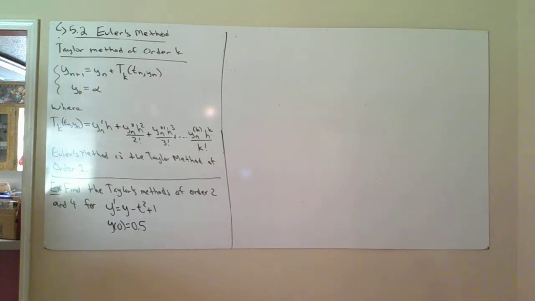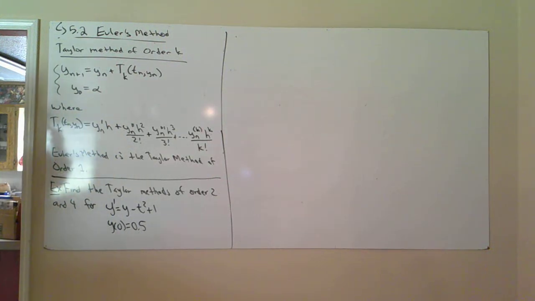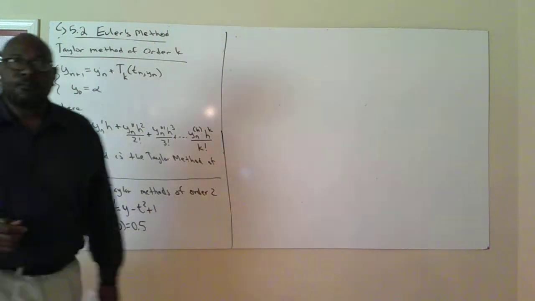Find the Taylor methods of order 2 and 4 for y prime equal to y minus t squared plus 1. y of 0 is equal to 0.5.